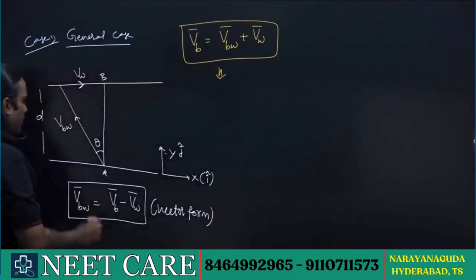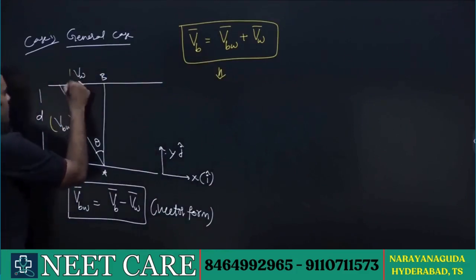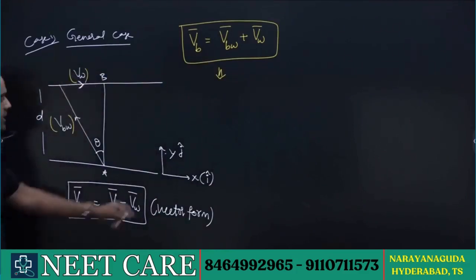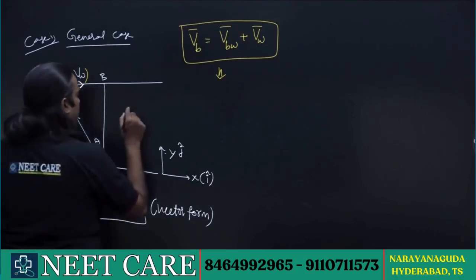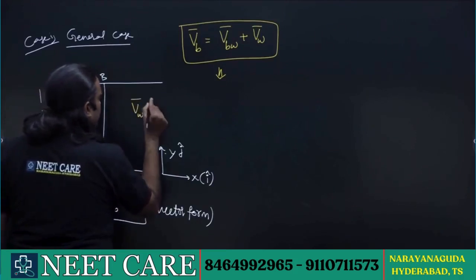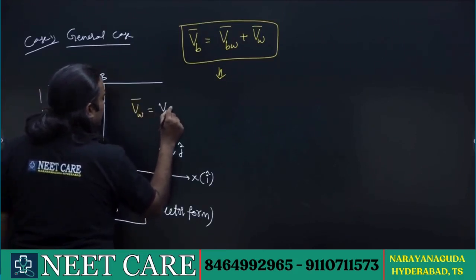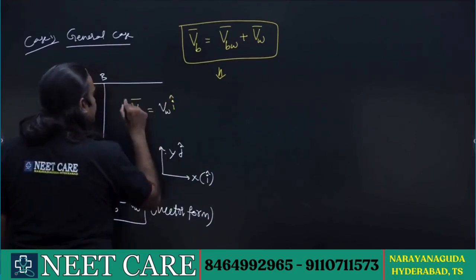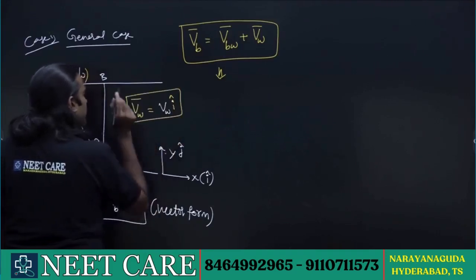Before that, try to write down VBW in vector form and VW in vector form. So by taking this as the coordinate system, velocity of water can be written in vector form simply as magnitude of velocity into I cap. This is the velocity of water.